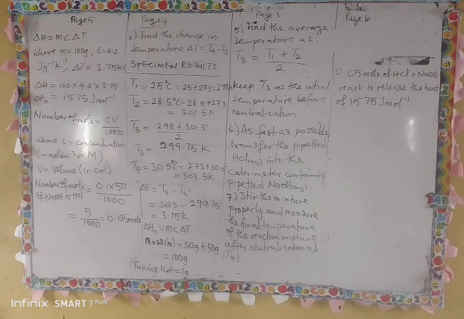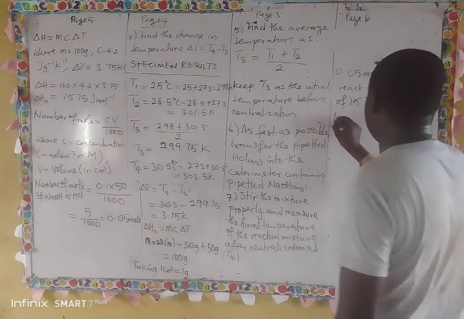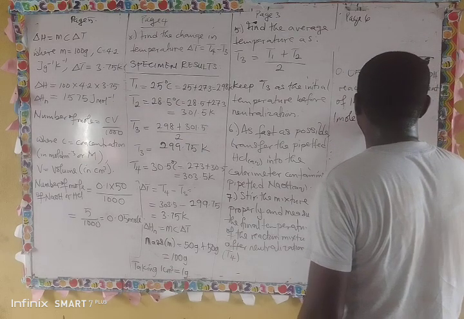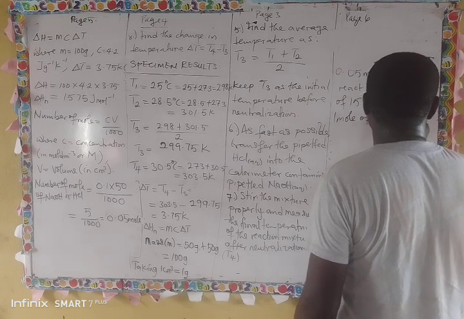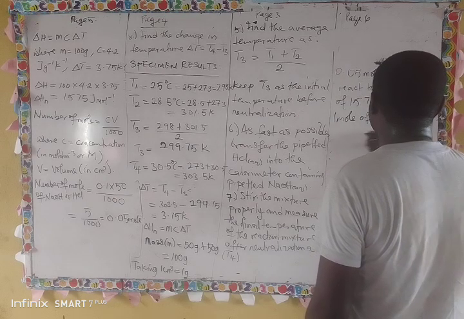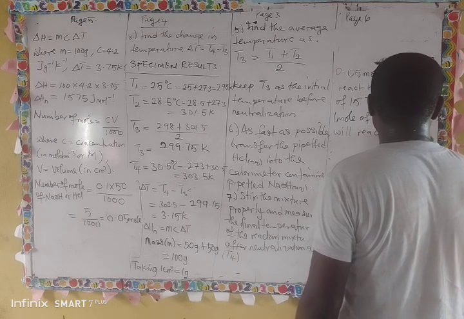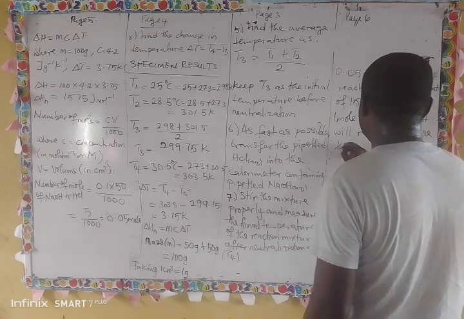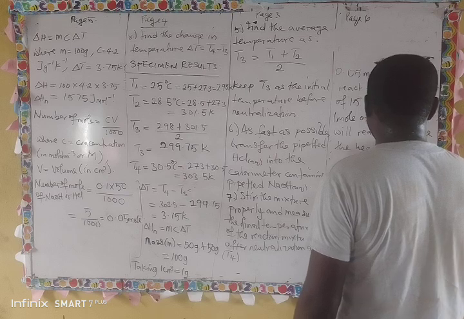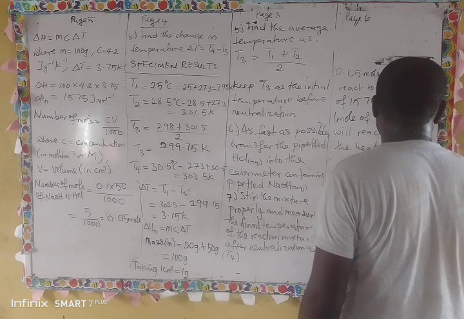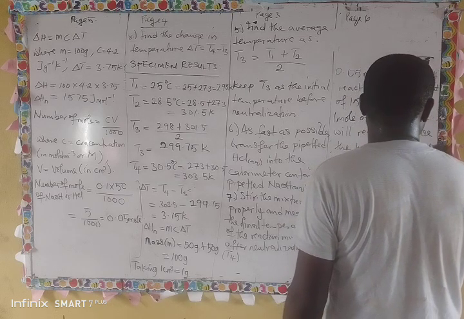But for it to be a standard heat change, it must be 1 mole, not 0.05 mole. So 1 mole of HCl plus NaOH will react to release a heat of X joule per mole.